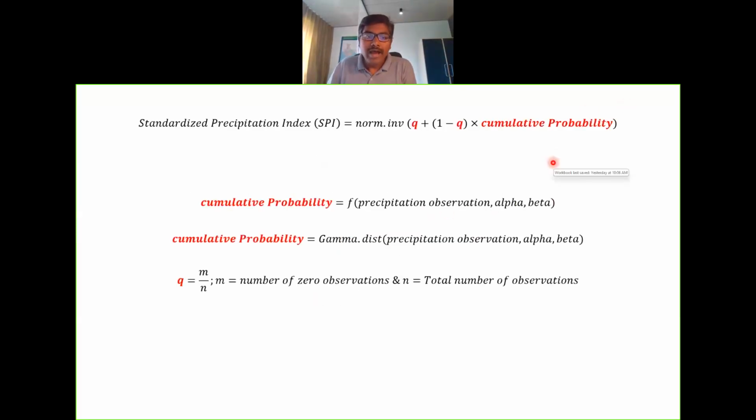Now I achieved my cumulative probability. There is one more parameter to calculate, that is Q. So Q is equal to small m by small n, which is zero observations by total number of observations. So how to calculate small m? If from the total number of observations I subtract non-zero observations, then I'll get the zero observations.